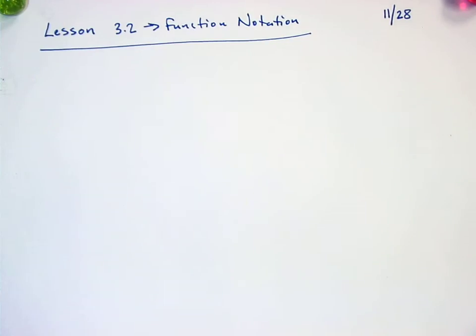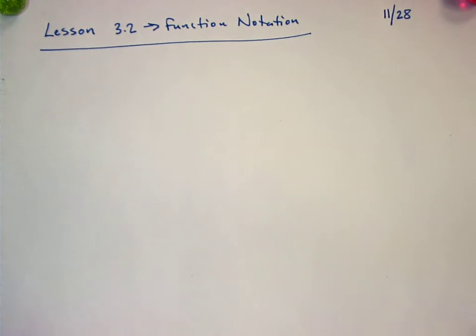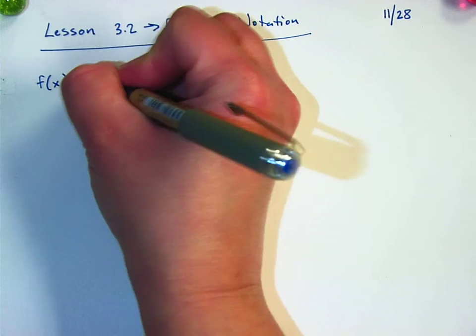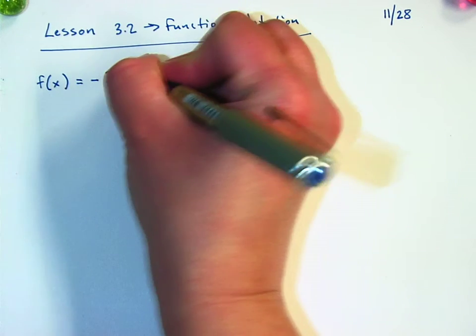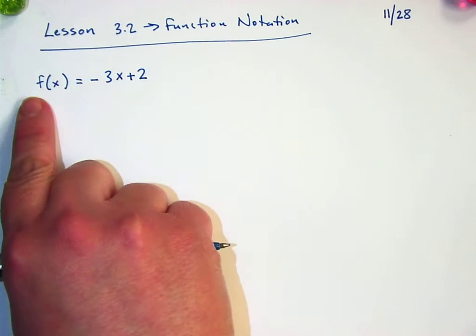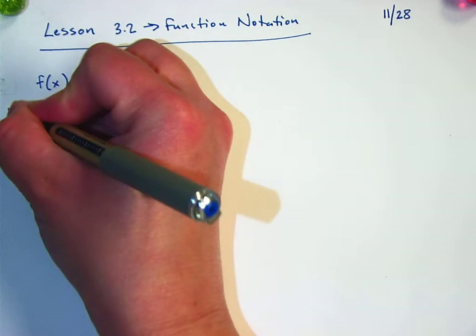Okay, so today we're talking about function notation, which is really all about what a function looks like when it's written out. So for example, let's say we have this function. Okay, so what this means right here is pronounced f of x.